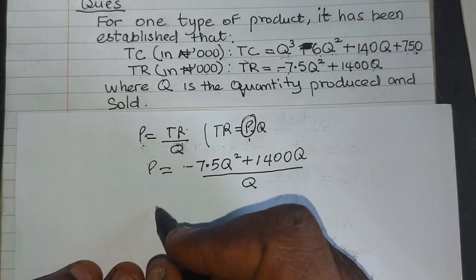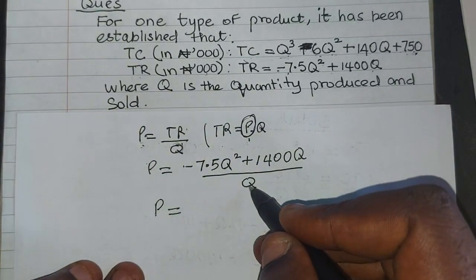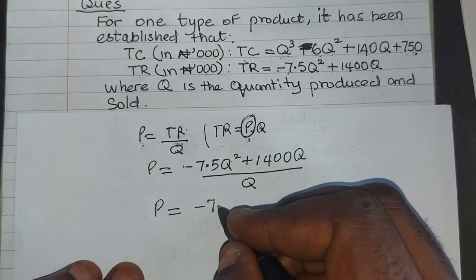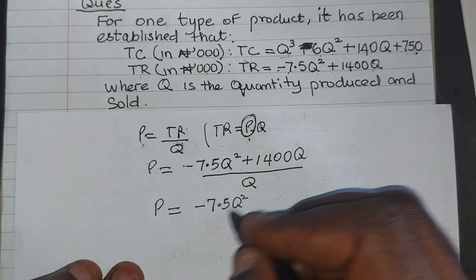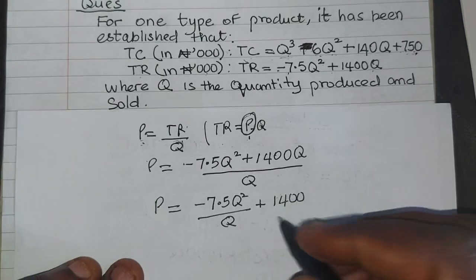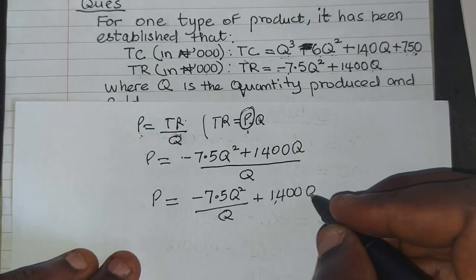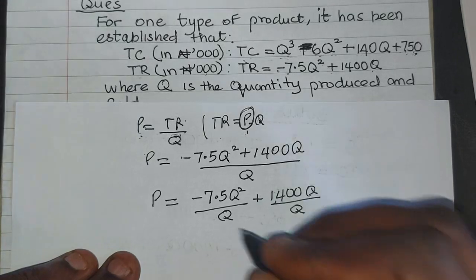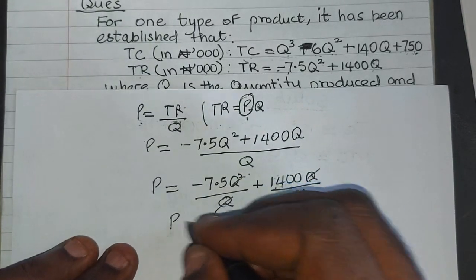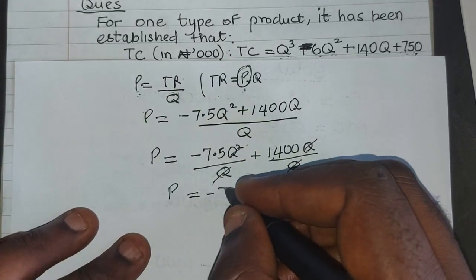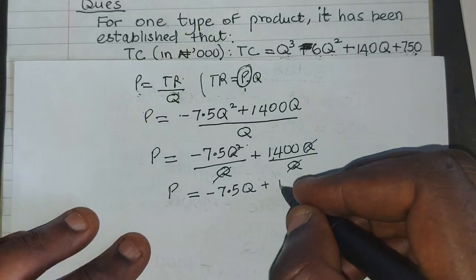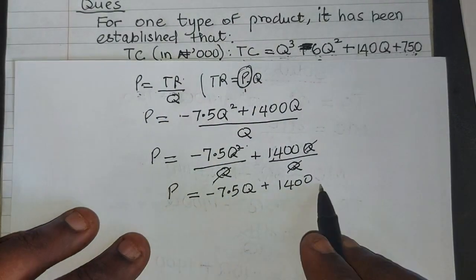So if you manipulate this, our price will be minus 7.5q raised to power 2 all over q plus 1400q all over q. When you cancel q, here we have 1. So our p will be minus 7.5q plus 1400. So this is our demand function.